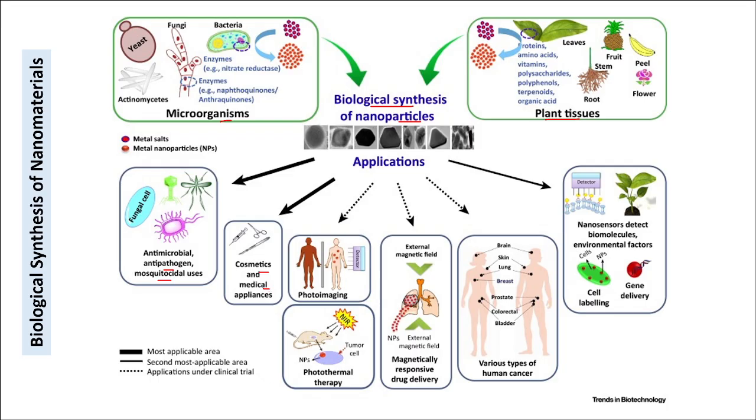Then for photoimaging, photothermal therapy. I hope some of you know about photothermal therapy, but for those who do not, suppose you see this mouse, it has a tumor here. It could be a breast tumor.